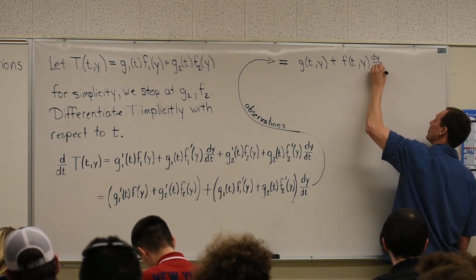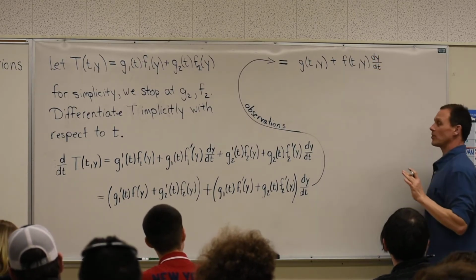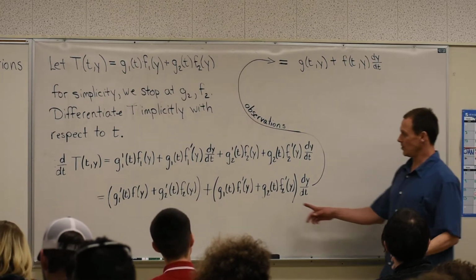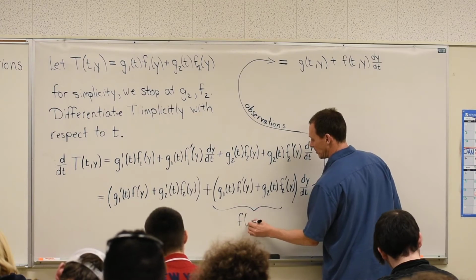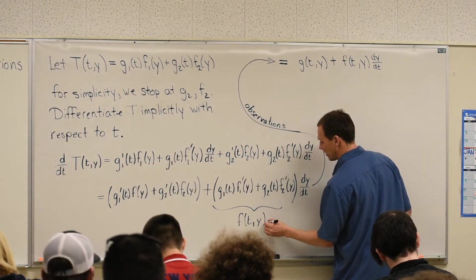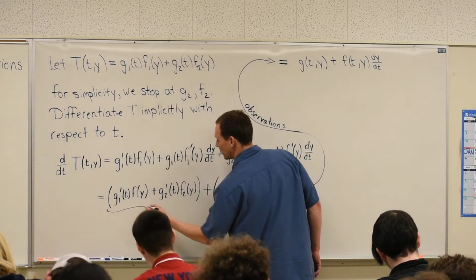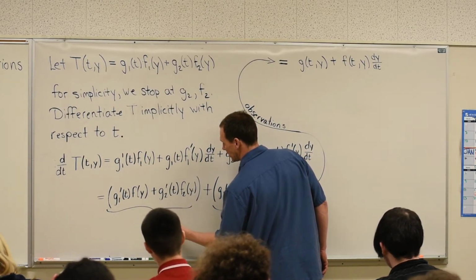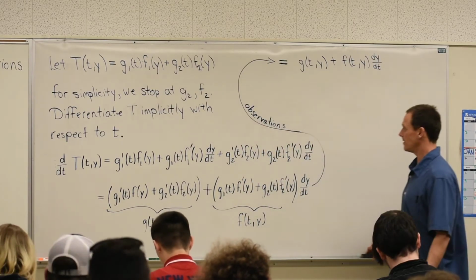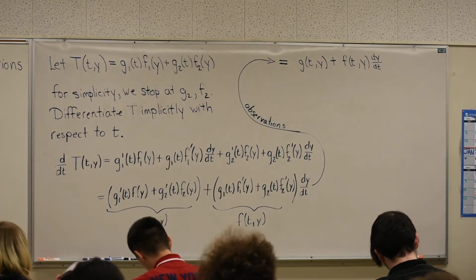Okay, so in your notes, notice all I'm doing is creating names. This has a new name, f of t comma 1. And this first term has a new name, g of t comma 1. That's all we're doing, is giving them names.